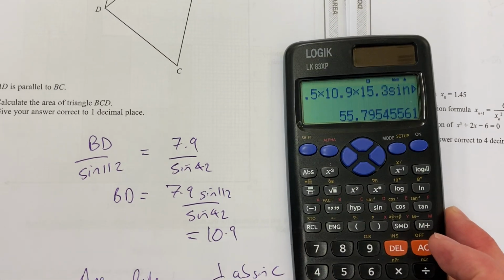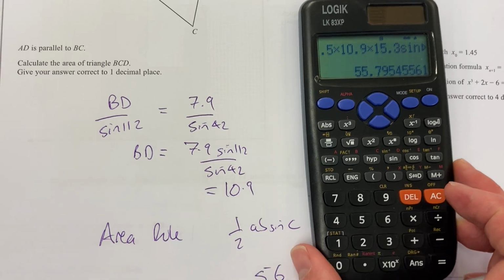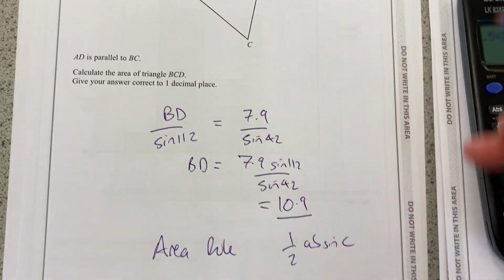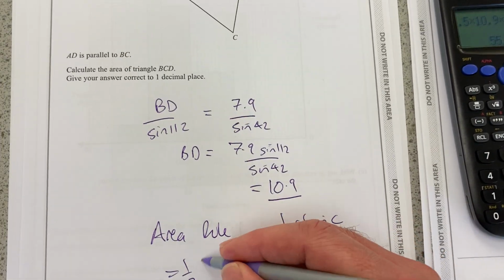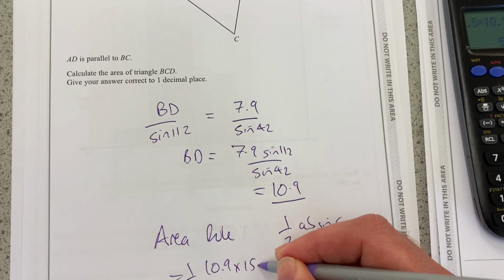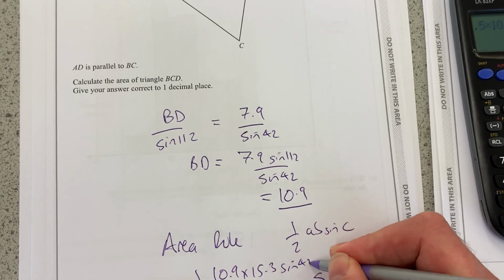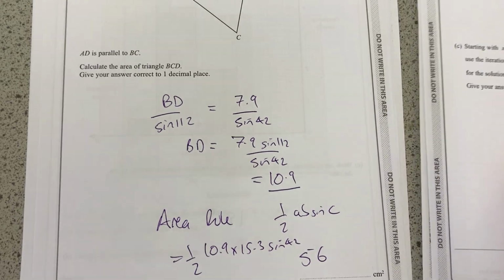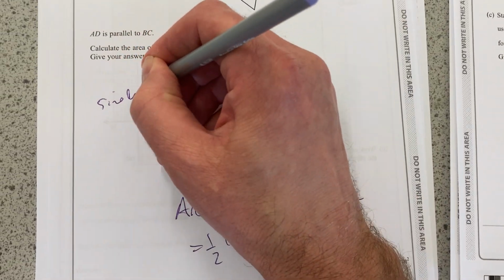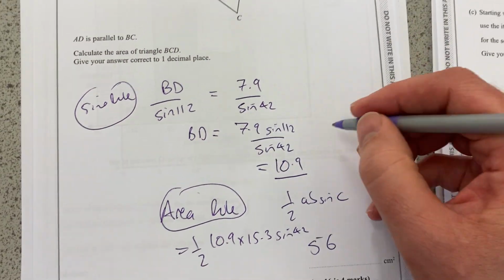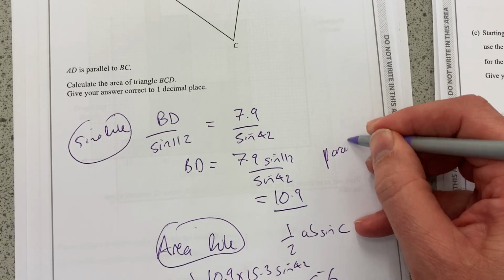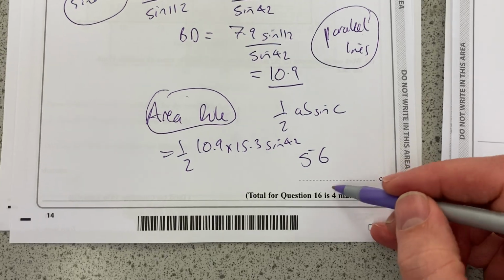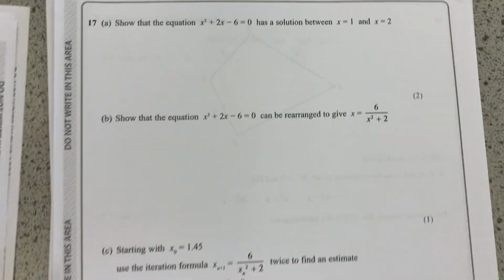And I get, correct to one decimal place, it is 56, because I've got that and that area there. So it's a half 10.9 times 15.3 sine 42 using sine rule and area rule. Okay, so you have to use sine rule, area rule, and parallel lines. So there's a lot going on in that question. Nice 4-mark question there.